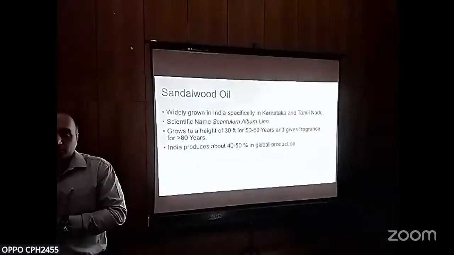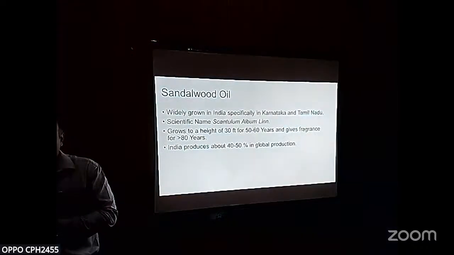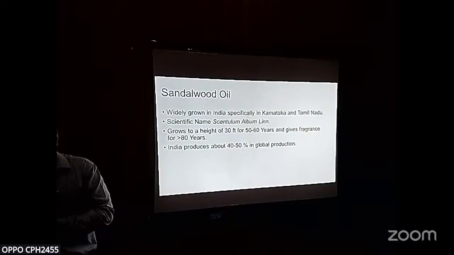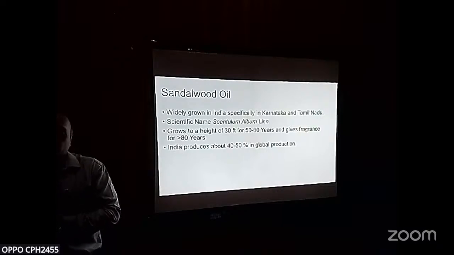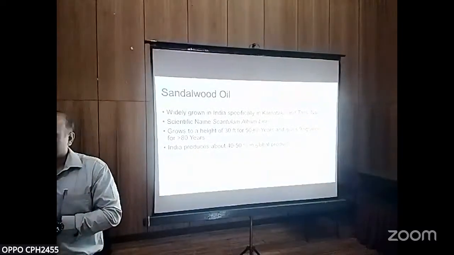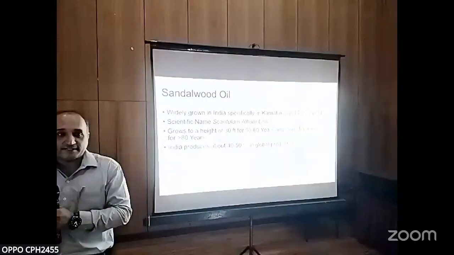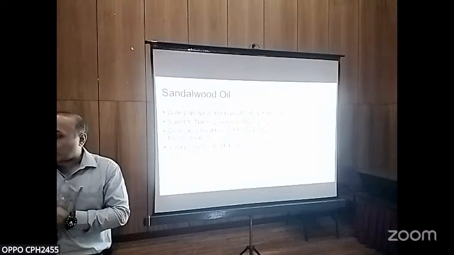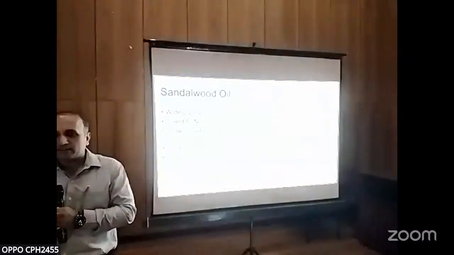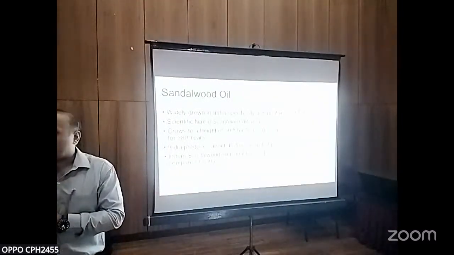India is almost a monopolistic exporter of sandalwood oil, at 40 to 50% of it, and we would have a very big economic impact if we are able to increase this. It is mainly required in the European countries, because they are home to fragrance houses with lots of fragrance demand, and sandalwood oil, because of its very intense and unique odor, is taken up by them.